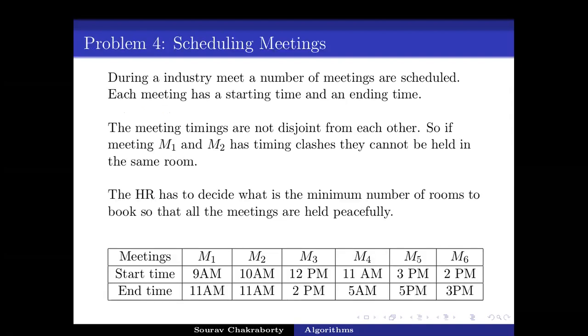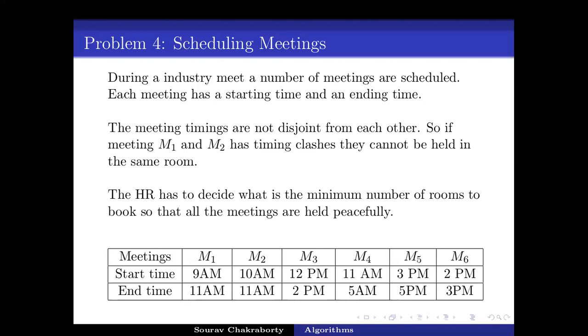Yeah. So another issue is when to schedule meetings. Suppose there is a company that has some meetings scheduled, and obviously there is a starting time as well as an ending time. However, the times of these meetings are not disjoint, meaning they overlap.